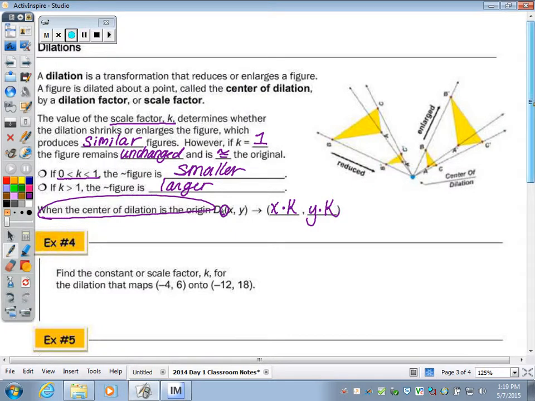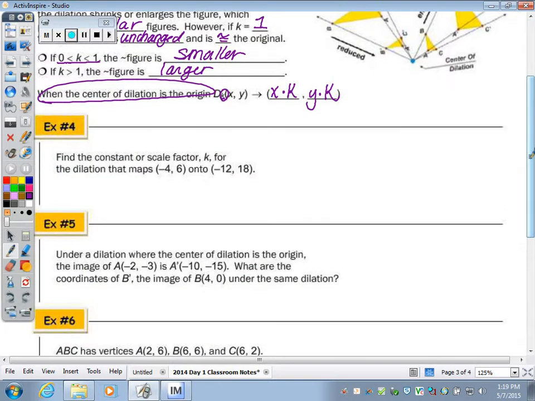So number 1, find the constant or scale factor k for the dilation that maps this point onto the next point. You just need to take a look at 2 of your coordinates, say the x. So you can set up an equation, negative 4 times what gives you negative 12. Divide by negative 4 and you'll see k is 3.